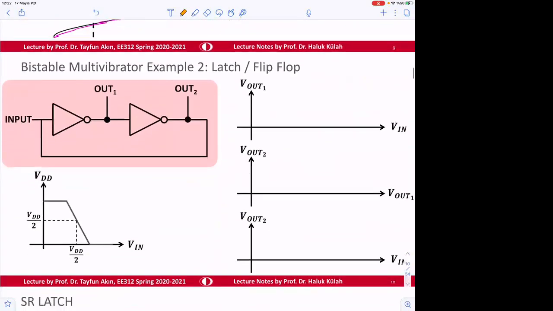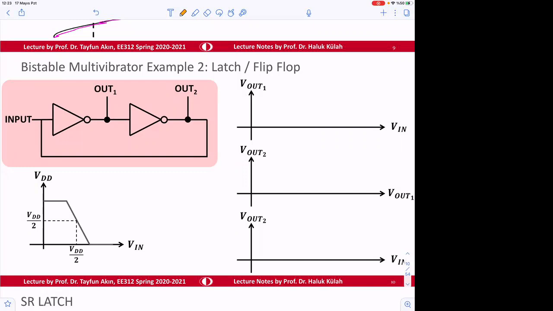So we can obtain maybe another bistable circuit using CMOS circuits. If you put these two inverters back to back, and then let's say you have again, this is the response of the inverter.